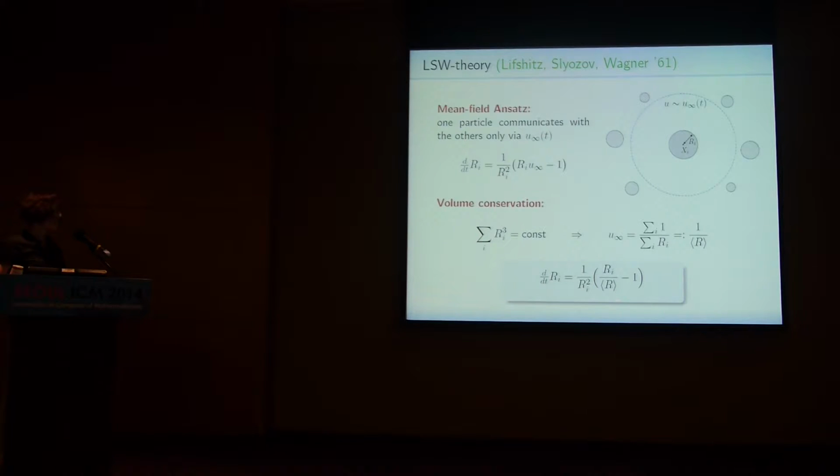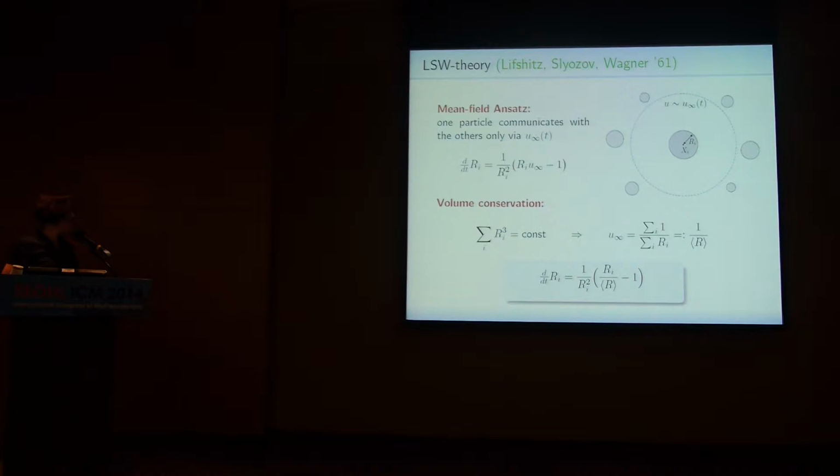Each particle radius obeys this ODE, and they're coupled only through the mean radius. So it's quite simple in principle. Here you see the particle grows if it's larger than the mean, it shrinks if it's smaller than the mean, but the mean size increases in time, so it becomes harder and harder for a particle to survive.